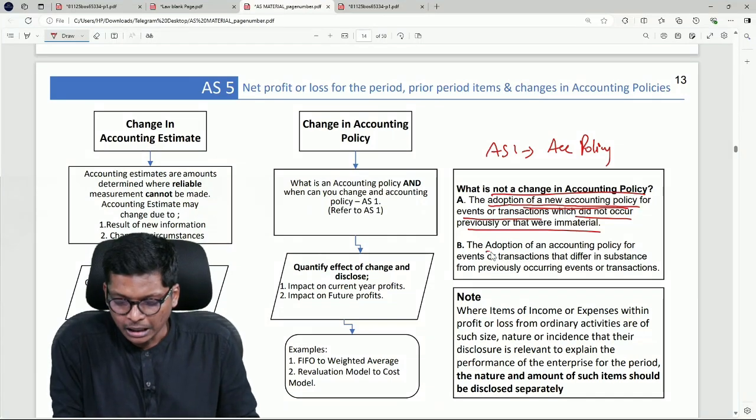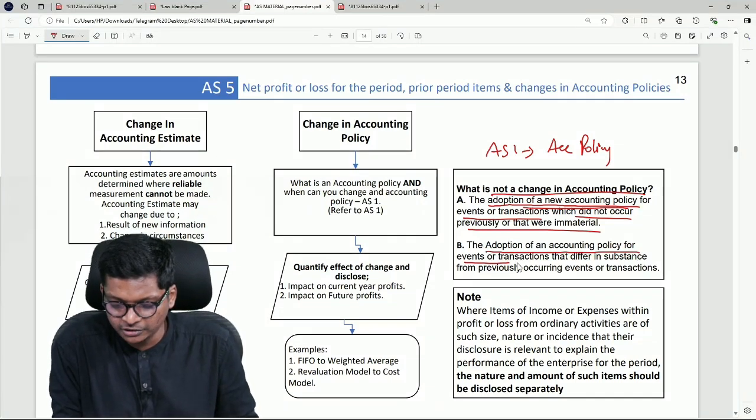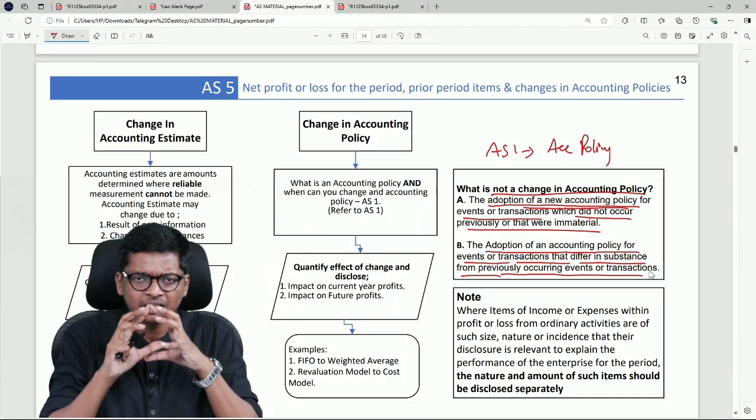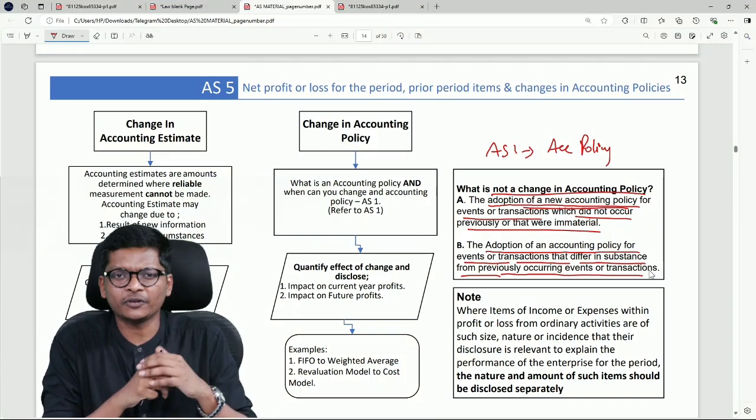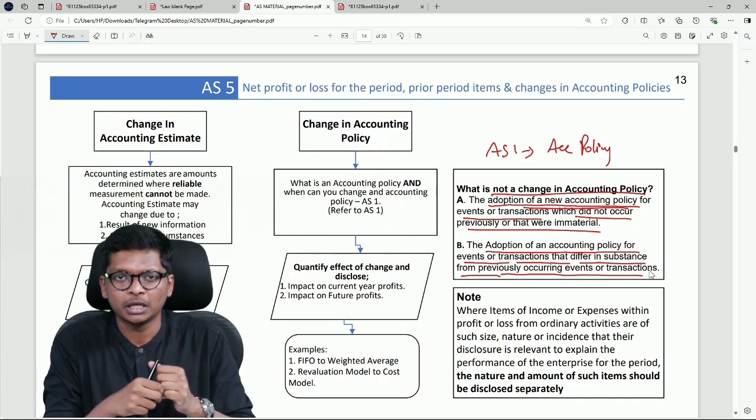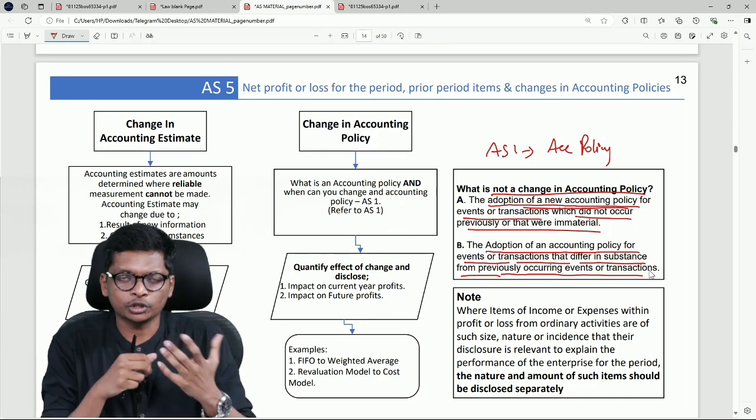Same way, adoption of an accounting policy for events or transactions that differ in substance from previously occurring events or transactions. Complete transformation. Sir, what do you mean, sir? Attendance for employees before biometric. Now I am doing ID card because of COVID.